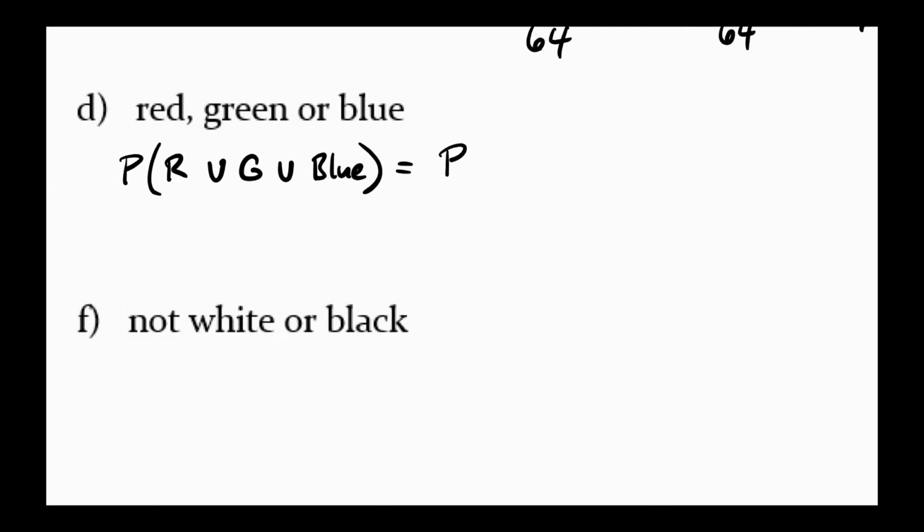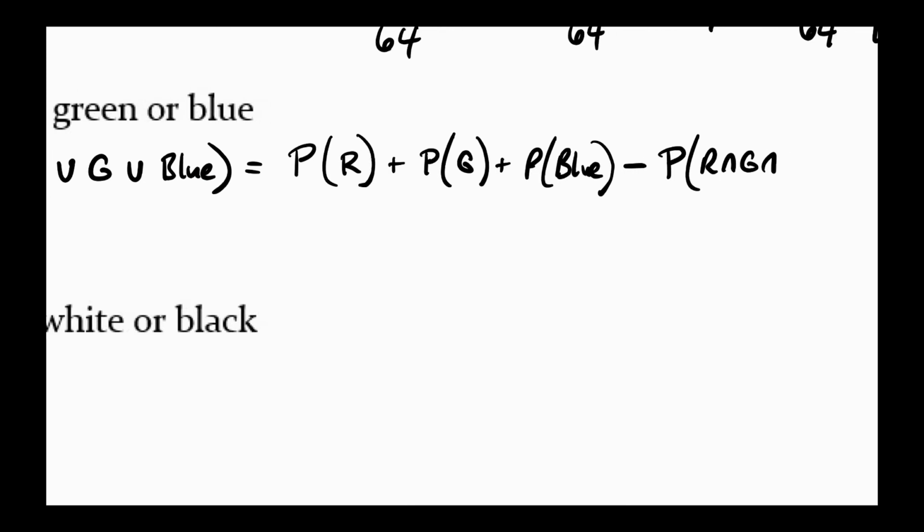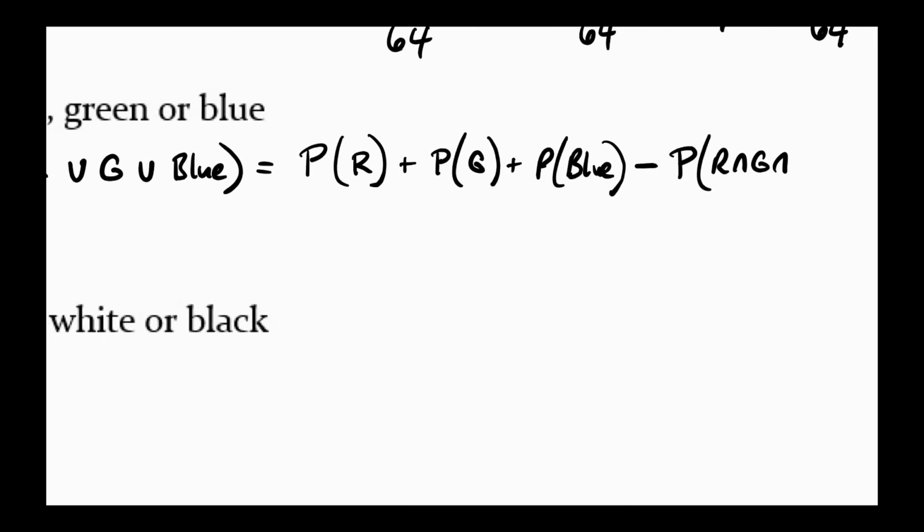So I'm going to find the probability of red, add that with the probability of green, add that with the probability of blue, and then I'm going to subtract any overlap. Overlap is all of them. Red and green and blue.